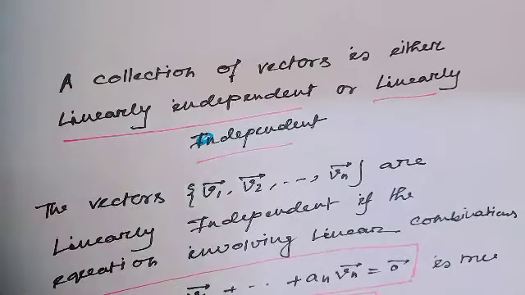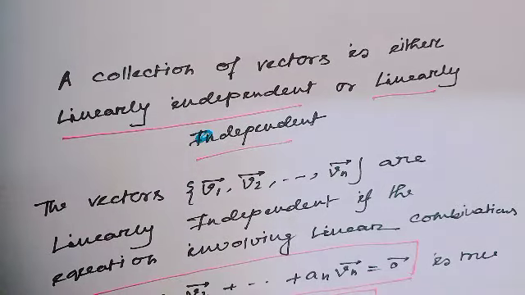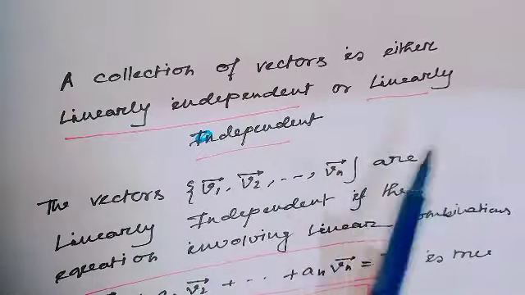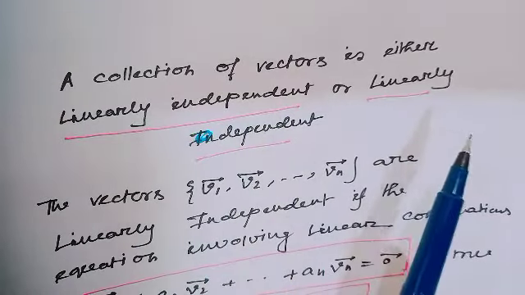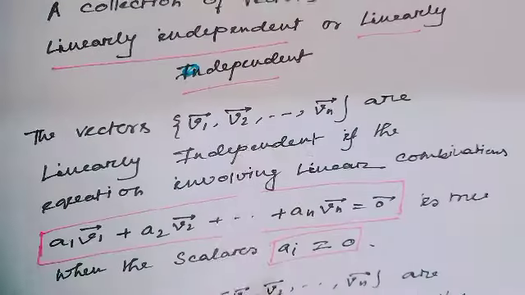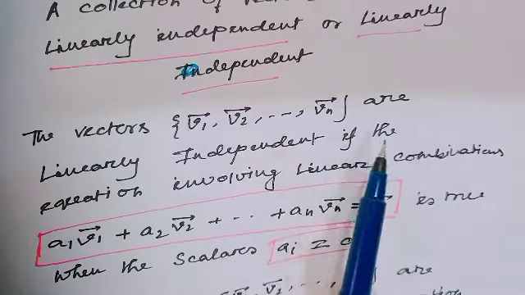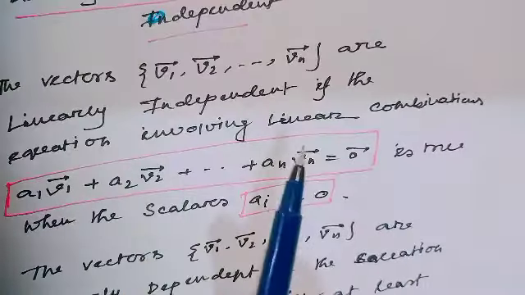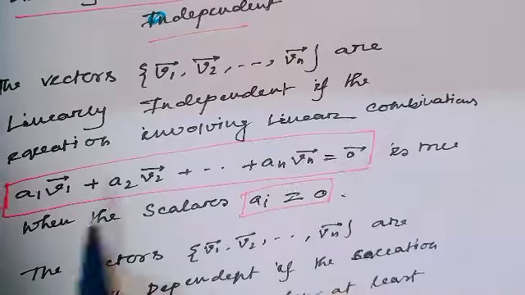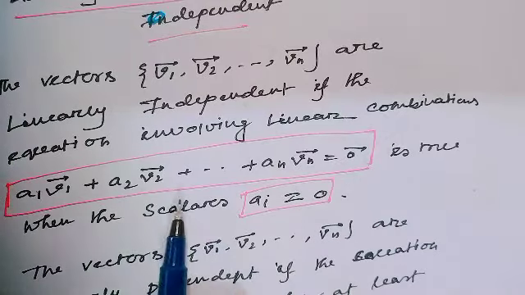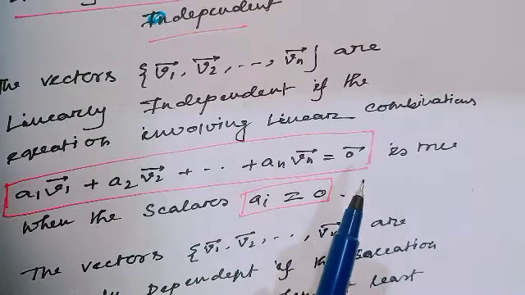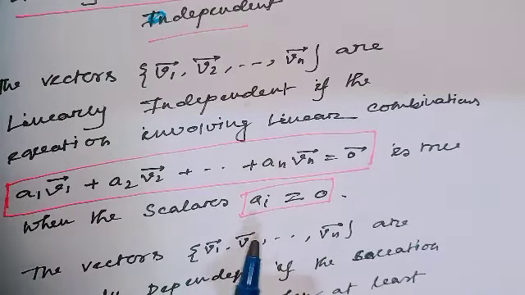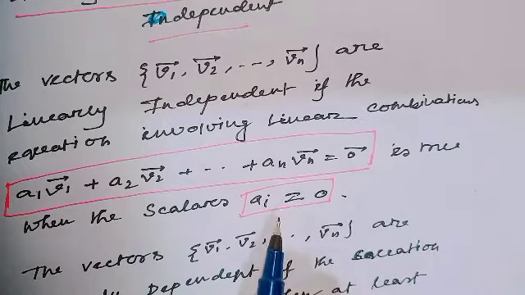Therefore, the actual idea of linearly independent and linearly dependent: a collection of vectors is either linearly independent or linearly dependent. The vectors v1, v2 up to vn are linearly independent if the equation involving the linear combination a1 v1 plus a2 v2 up to an vn equal to 0 is true only when every scalar equal to 0.